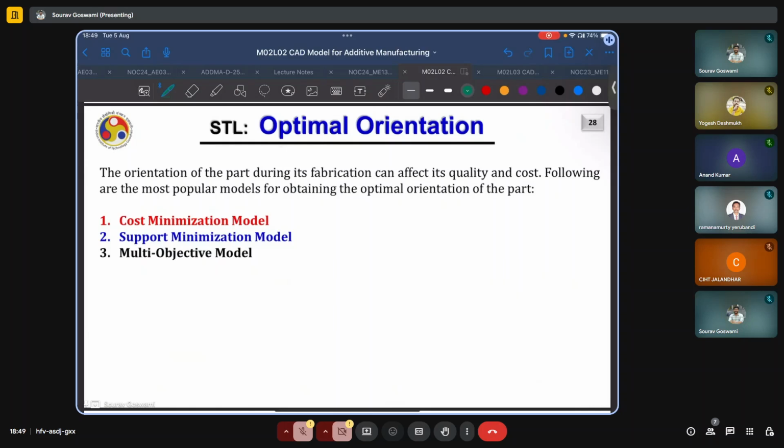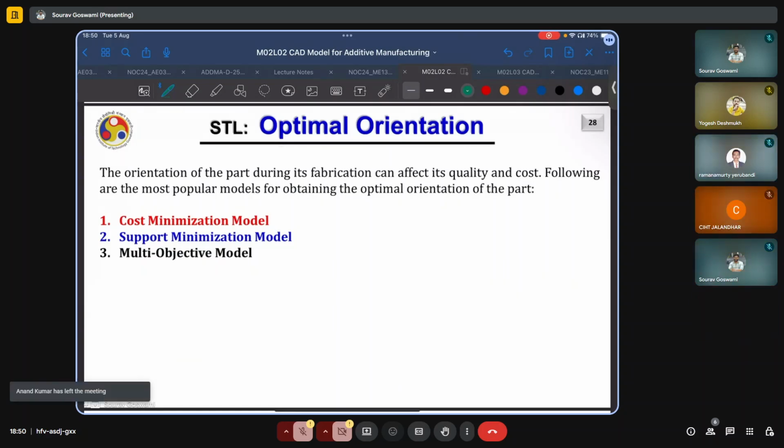So you're saving on the raw feedstock, you're saving on the power and time consumed. You may also save on some expertise, which is required for deciding what is the type of support to be generated, and on post-processing, during which you will remove this support structure. So it can be a cost minimization model, or it can be a support minimization model where you simply want to eliminate or minimize the supports because, as we saw, it can affect the part finish, or it can increase the amount of time required for printing the part.